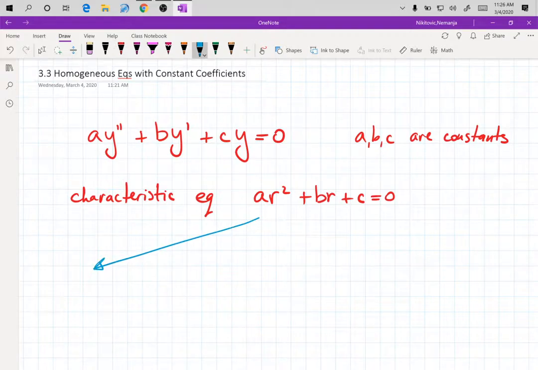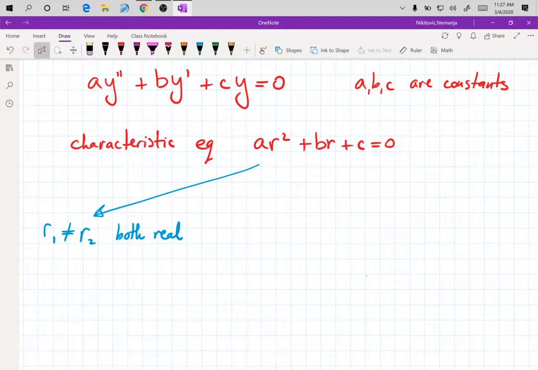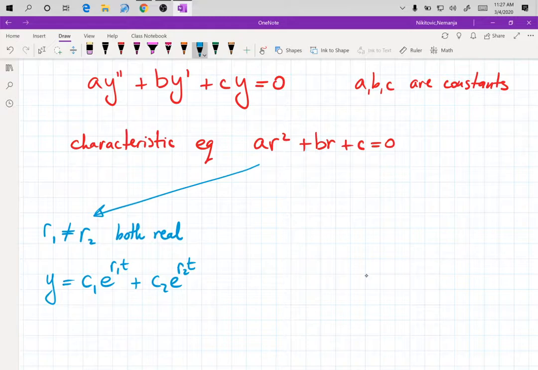It can solve as r1 different than r2, both real. In that case, the solution is y equals c1 e to the r1 t plus c2 e to the r2 t. This is our case 1, which we covered last week.